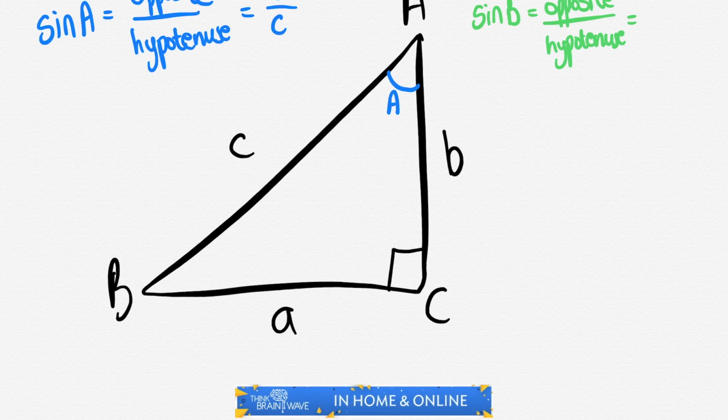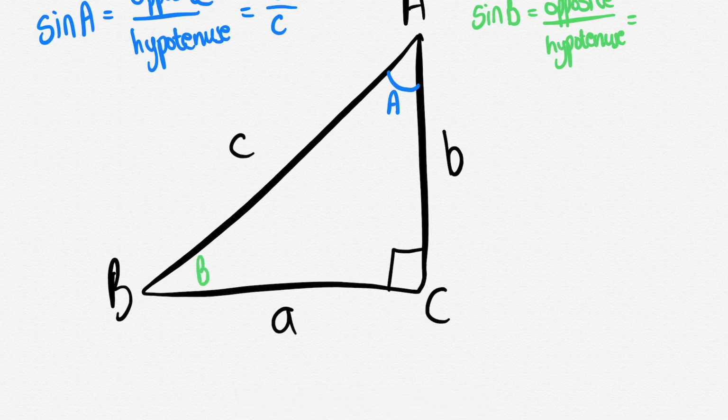So just making sure you understand, if you change the angle, then the side will change depending on the angle. So your opposite's not always going to be the same side.